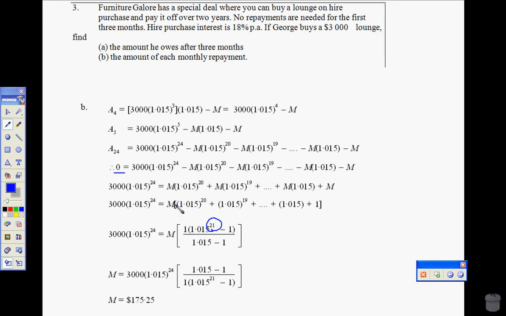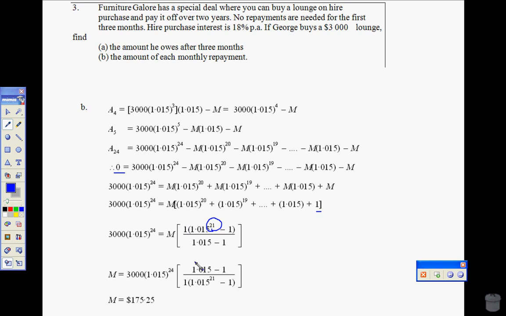Factorise the m, and I can see that I'm going to have a geometric progression. The first term is 1, and then it's going up by 1.015, so that's our common ratio. But again, there are 21 terms in this series, not 24. Put 24 in, you're not going to get it right. So we apply the sum of a geometric series, a times r to the power of n minus 1, over r minus 1.